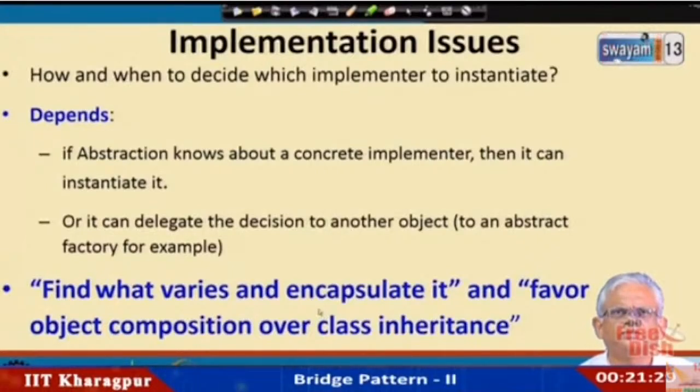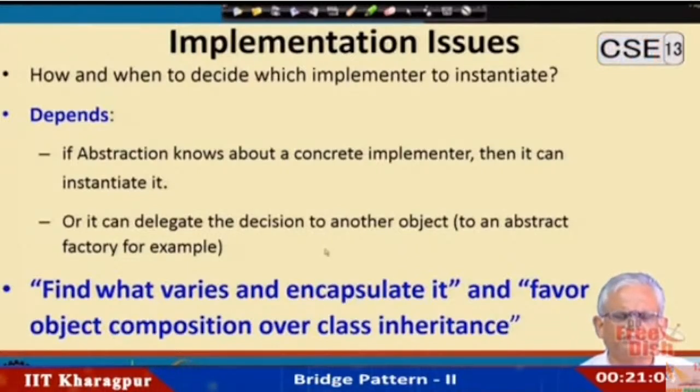One of the issues is that when a request comes to an abstraction class, it needs to delegate to a concrete implementer. But there are many types of concrete implementers on the implementation hierarchy. So which one does it delegate to?